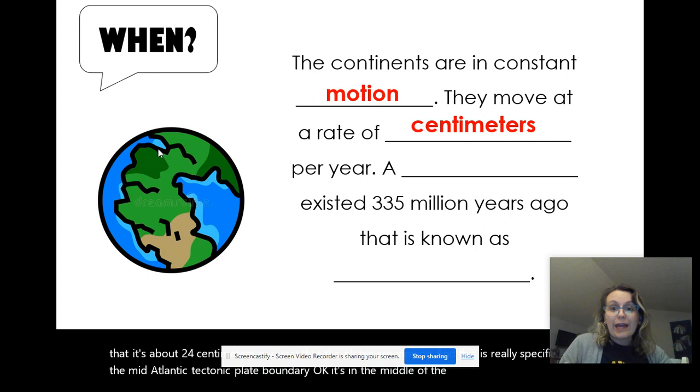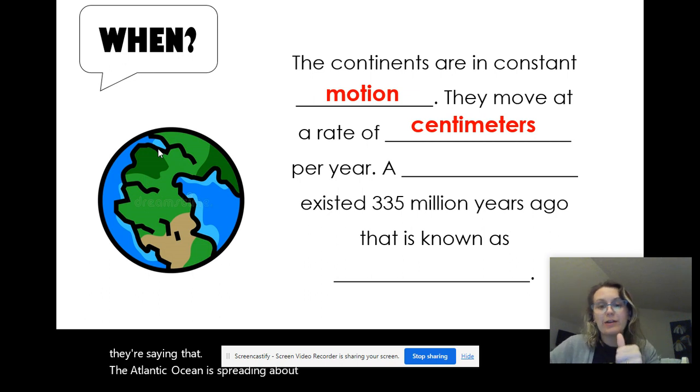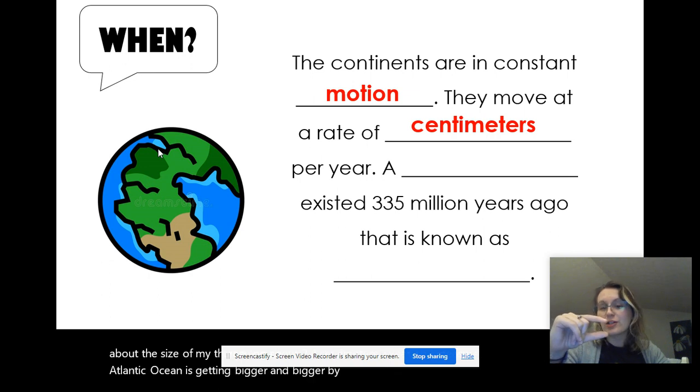It's in the middle of the Atlantic Ocean, and they're saying that the Atlantic Ocean is spreading about 2.4 centimeters a year. So I measured it. 2.4 centimeters is about the size of my thumb. So the Atlantic Ocean is getting bigger and bigger by about this much every single year.